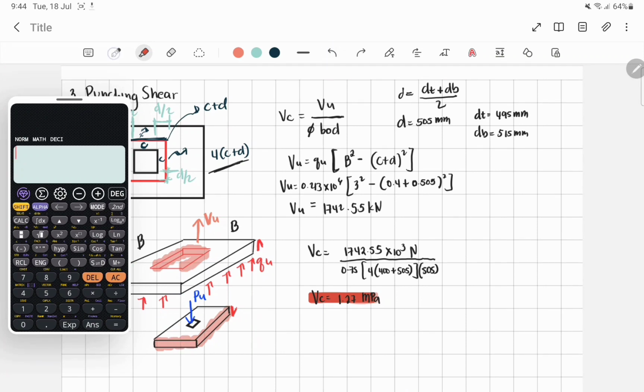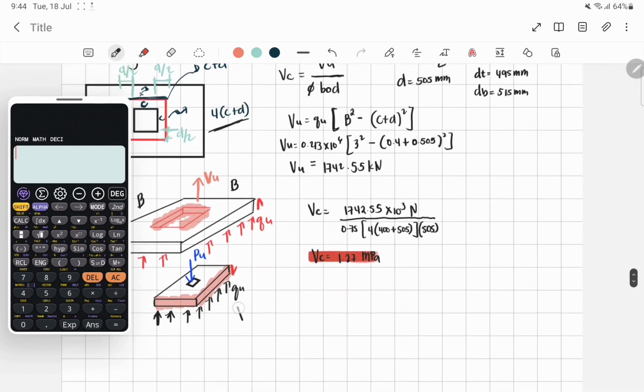I just want to prove that the equilibrium is correct. Again, because of the ground, we have a force returning, that is QU. So to get the shearing force in this part, that is VU.